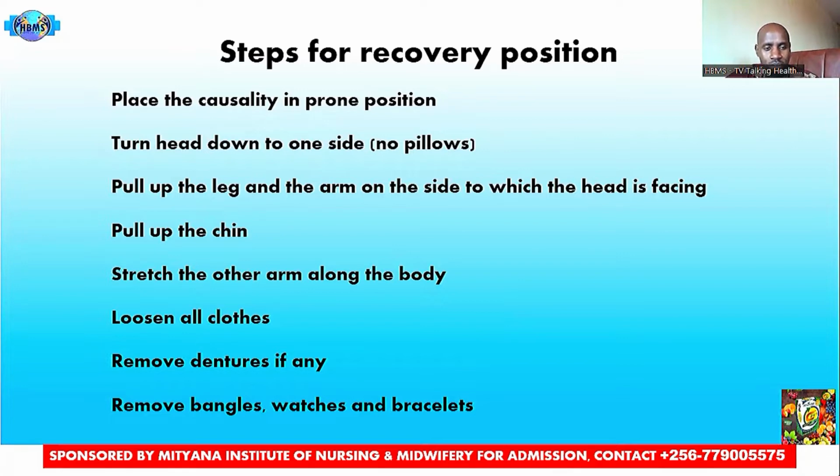You need to pull up the chin so that the head remains hyperextended. Then stretch the other arm alongside the body. Loosen all clothing, especially the tight clothing. Remove dentures if any. These are the artificial teeth that people always have. Then you need to remove the bangles, watches, and bracelets. All this is very important.